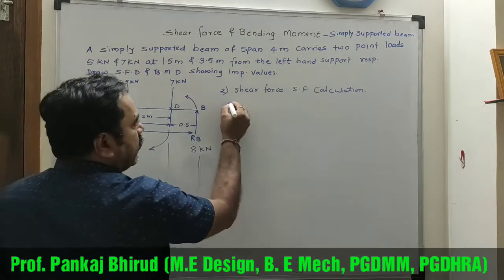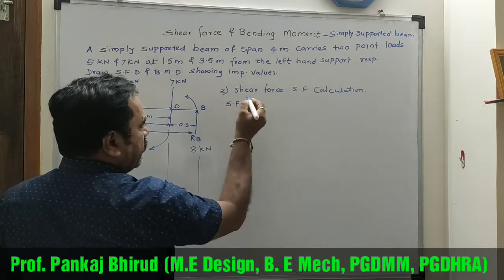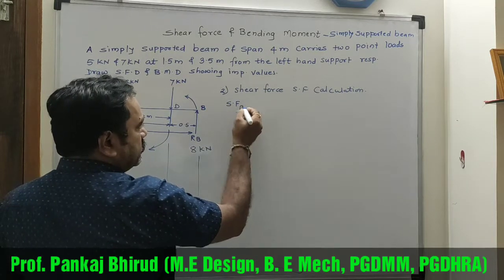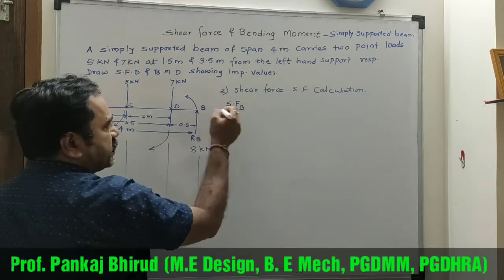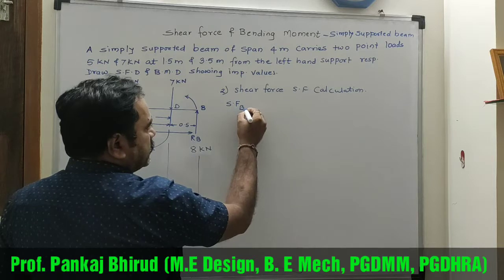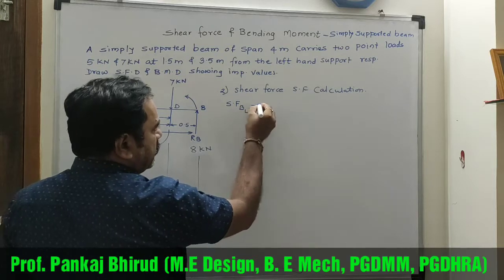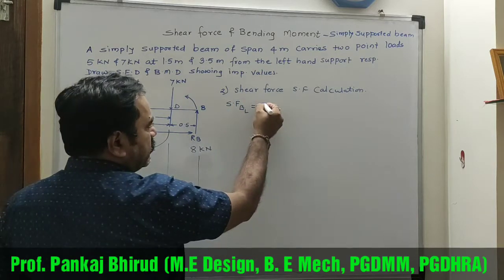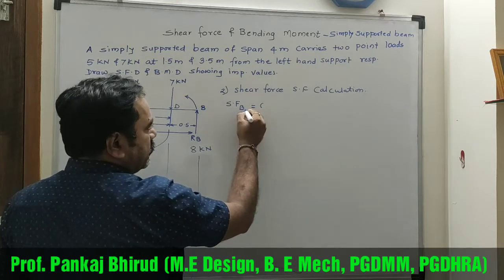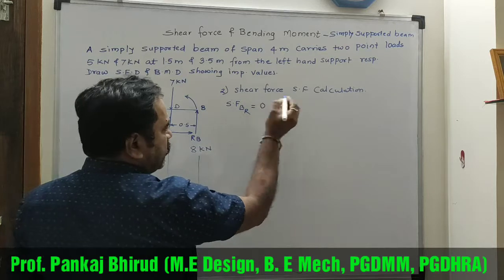Now SF at point B, when we take section just left side of B, and that is equal to just right of B, that is 0.